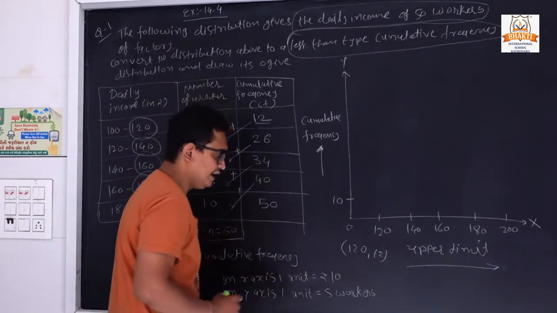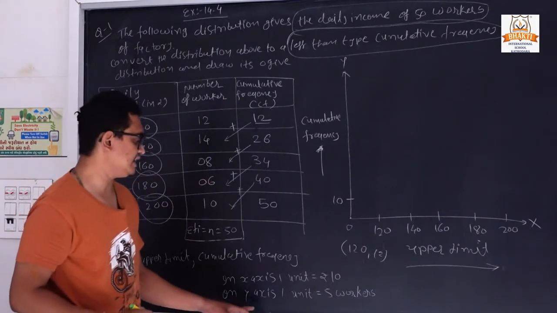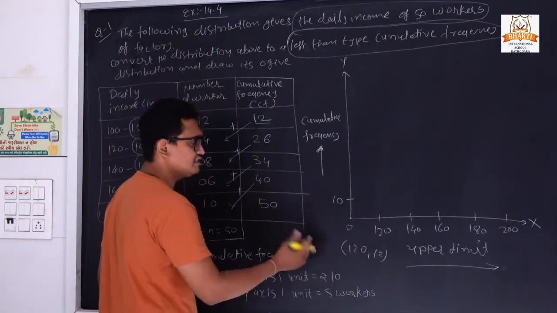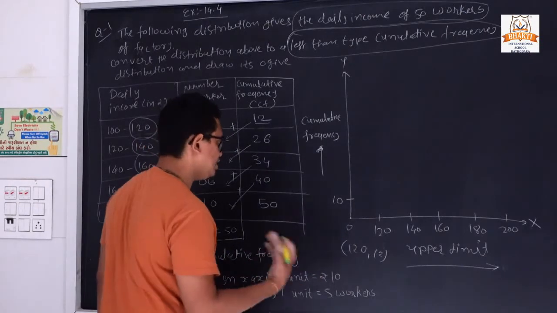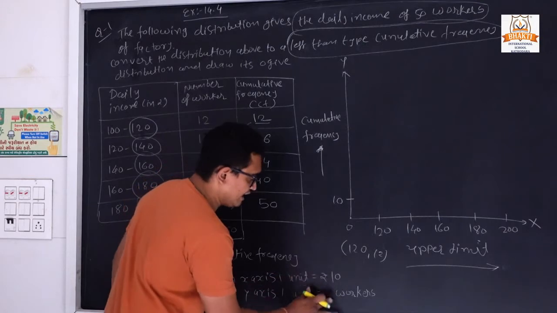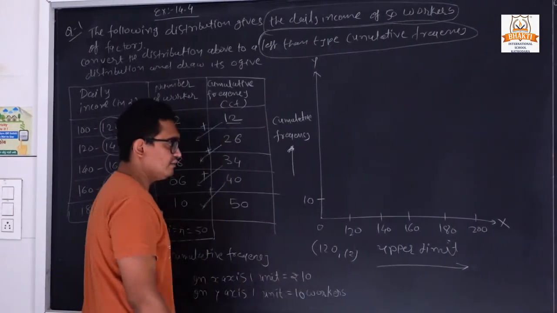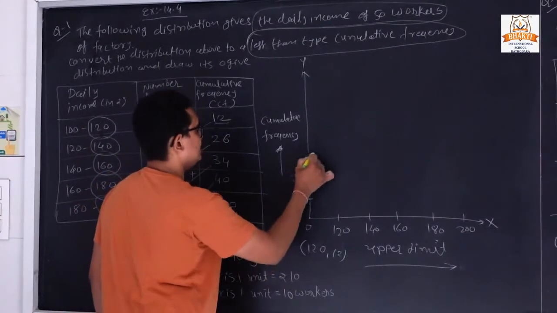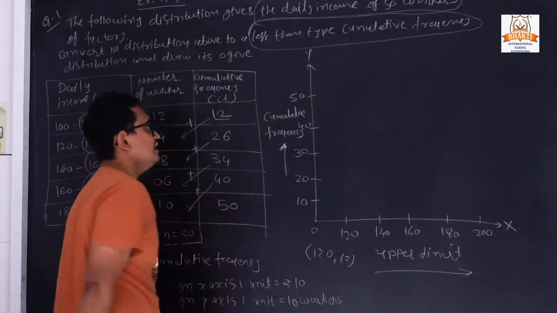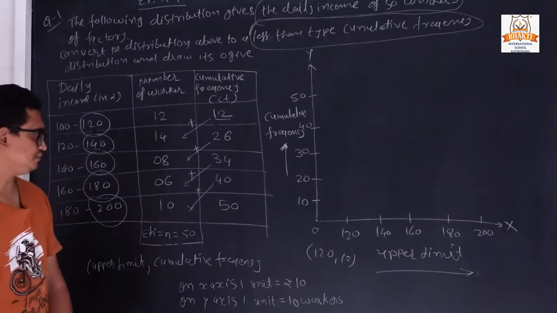On the y-axis we are taking 1 unit equal to 10. Also you can take 5 or 10, it depends on you. You can take any scale. So here we take the scale of 10. Clear? So 10, 20, 30, 40 and 50.